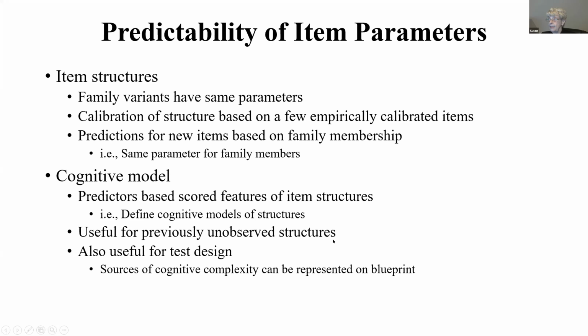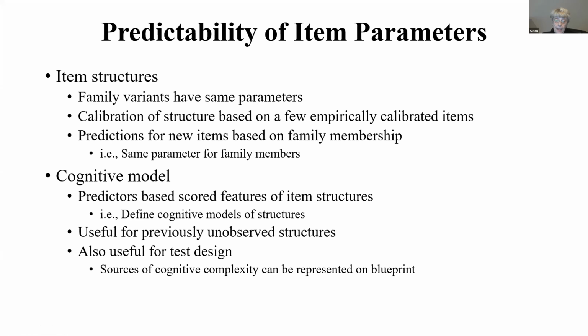In other words, if you have a cognitive model that seems to predict the difficulty in general of a bunch of structures, you might apply that to an unobserved structure where you can score the variables, but you don't have data yet to predict what that structure's item difficulty and item discrimination, if relevant, should be.